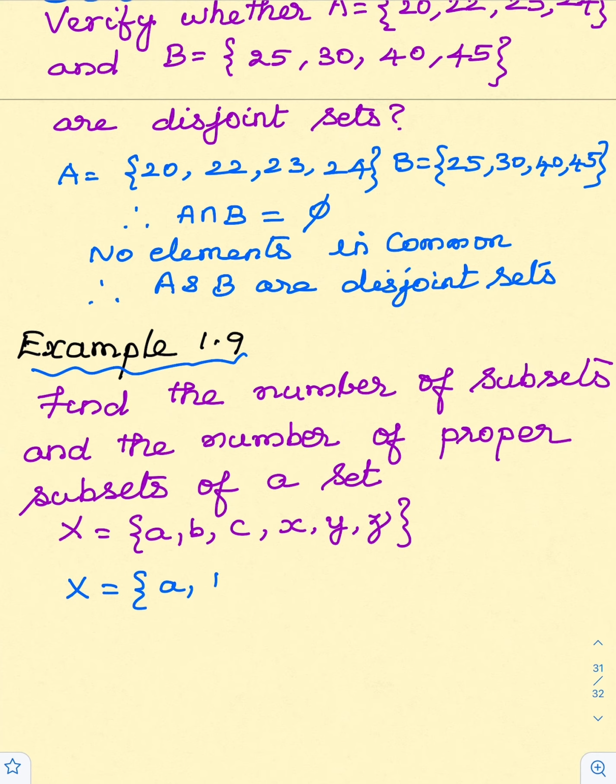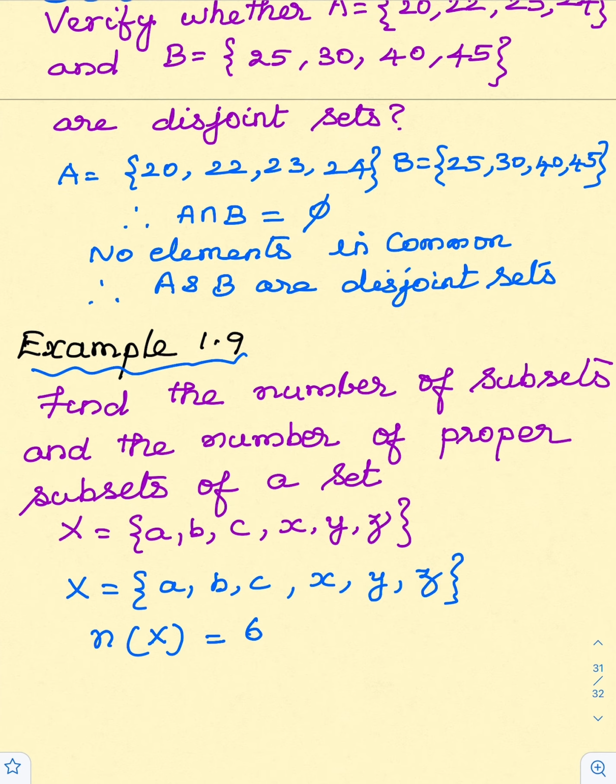What is the given set? a, b, c, x, y, z. And what is n of X? n of X means number of elements of X. So, how many elements? 1, 2, 3, 4, 5, 6. So, 6 elements.